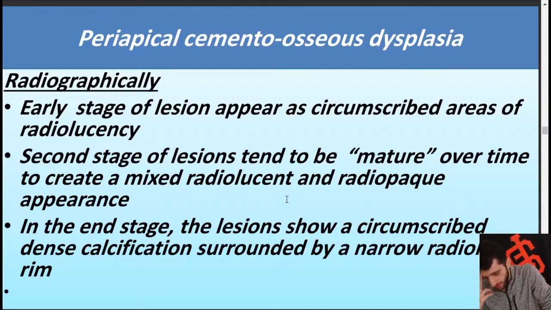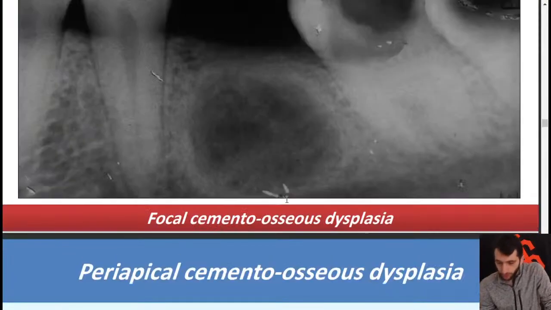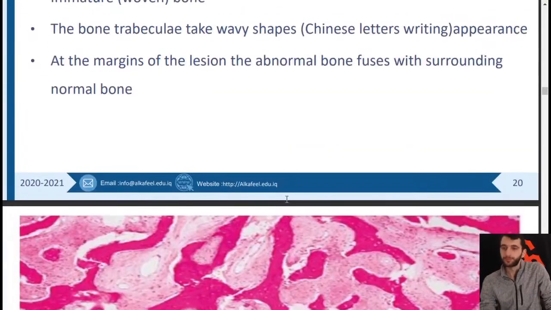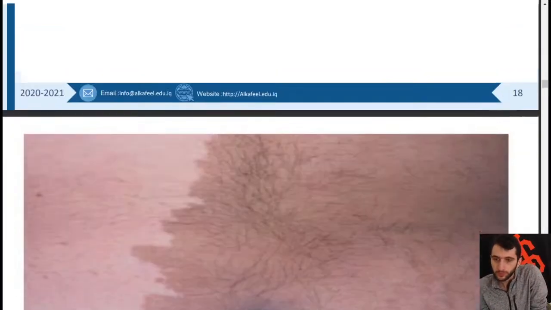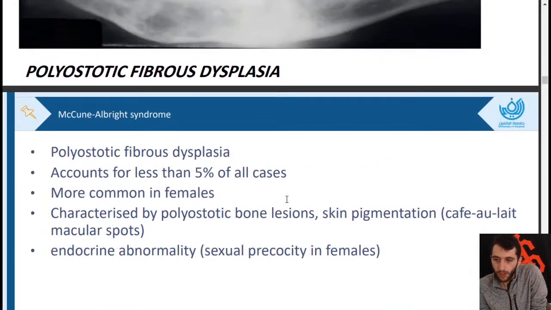Polyostotic, or Albright, was with females.